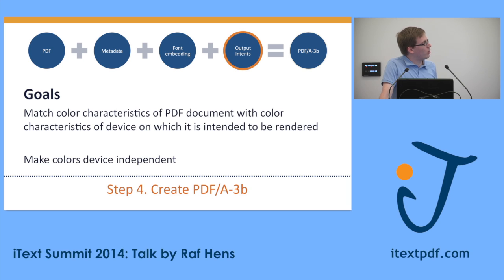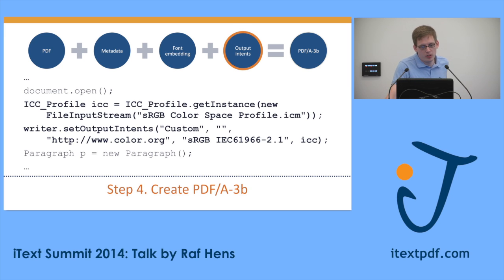So we have to make colors device independent. This can be done using an ICC profile, where there will be some kind of mapping from device-dependent colors to device-independent colors. Your output device will also have a color profile, and you can do the mapping and get device-independent colors.